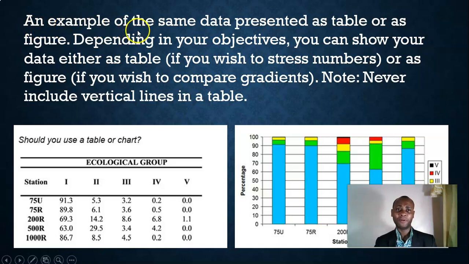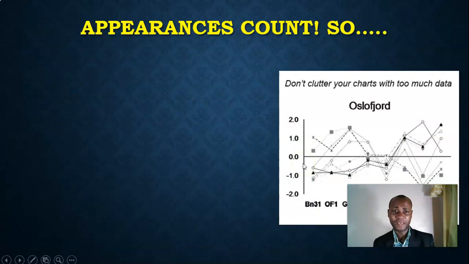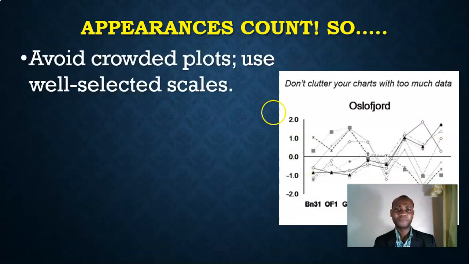Like an example of the same data presented in a figure and presented in a table, as you can see here. So I'm saying here that, look, if you are trying to stress the numbers, then use a table. If you are trying to compare the results, then you have to use figures. Okay, appearances also count. So avoid crowded plots.